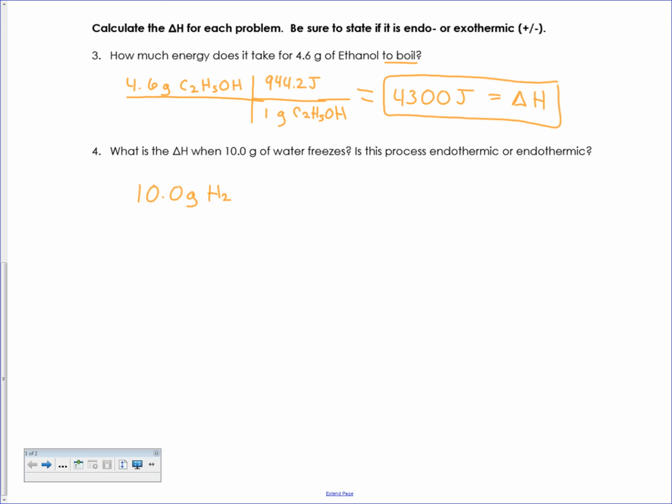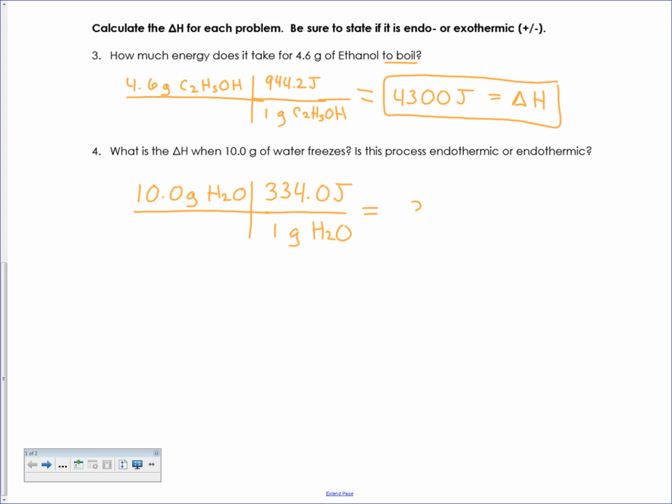of water. You look up the heat of fusion of water. You see that it's 334.0 joules for 1 gram of water. You multiply those together. We see that we have 3 sig figs in this one.